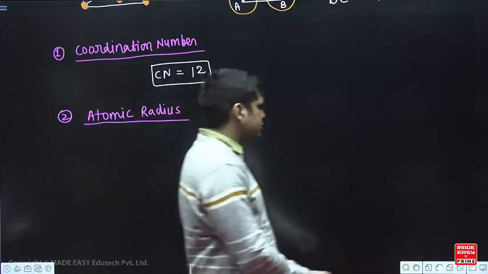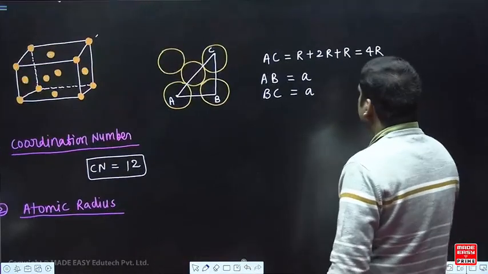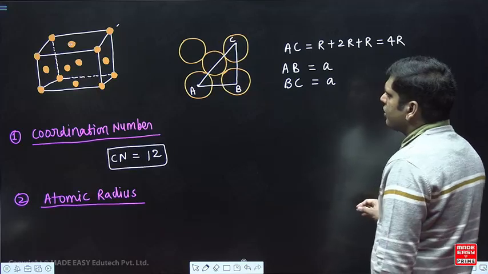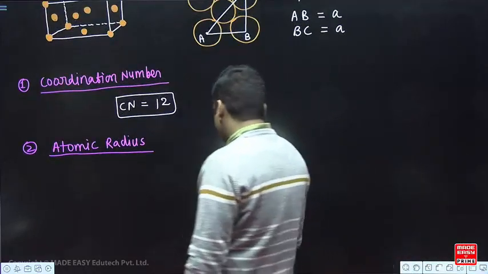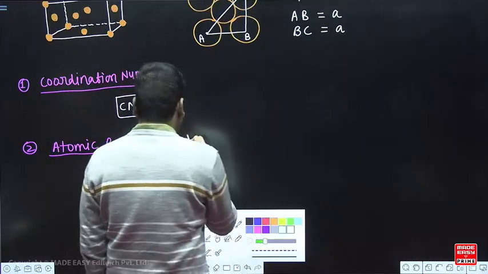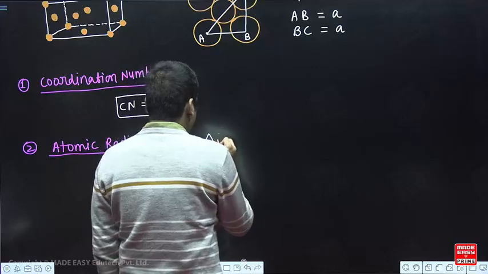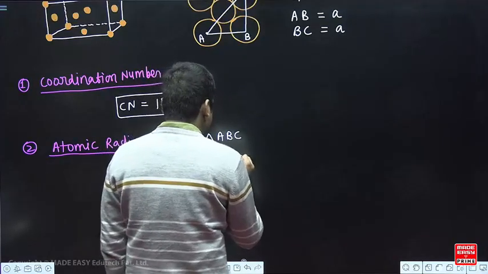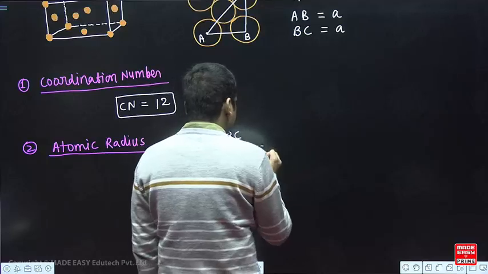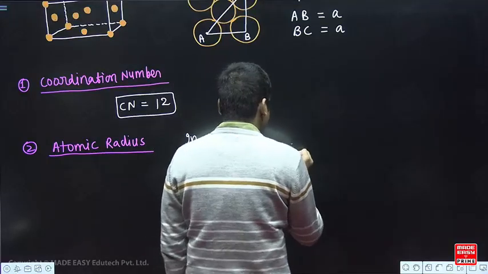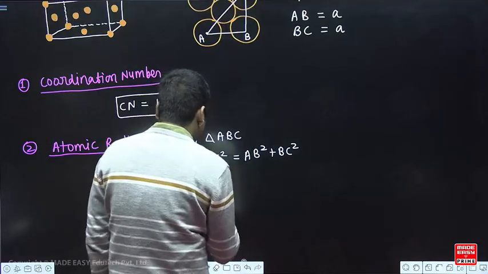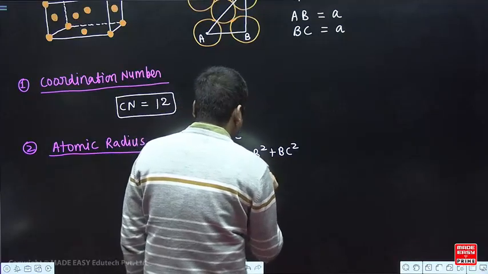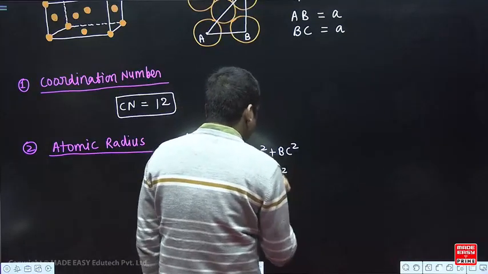If I consider this triangle ABC, then I can write AC square is equal to AB square plus BC square. AC square is (4R) whole square, A square plus A square.